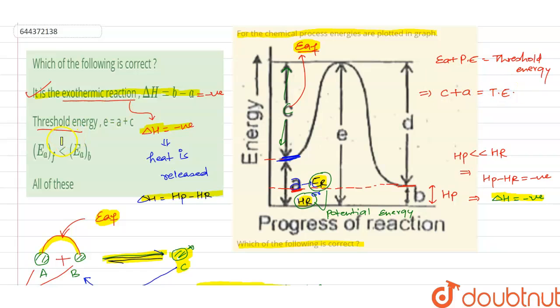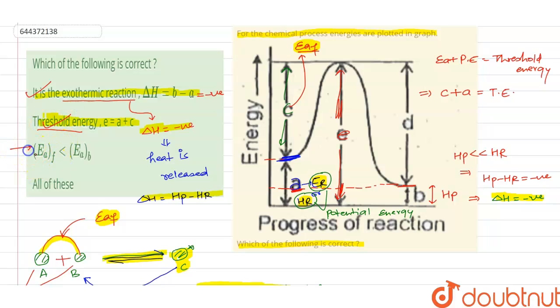So if the threshold energy is indicated by E, this E is actually indicating the sum of C and A. So the threshold energy E is the sum of A and C, where A is the potential energy of the reactant and C is the activation energy required in order to convert it into the product. So this is also true.